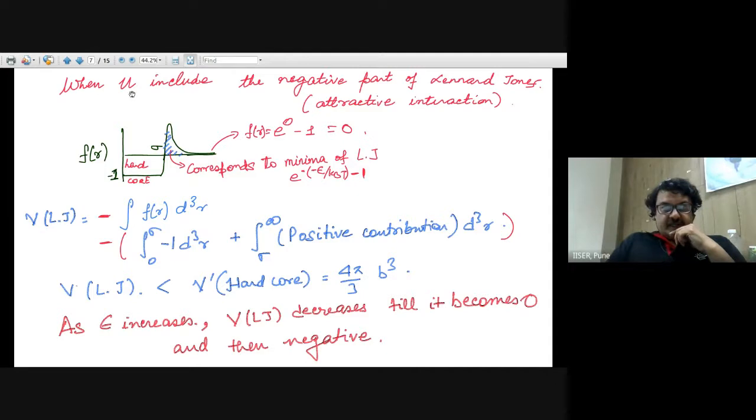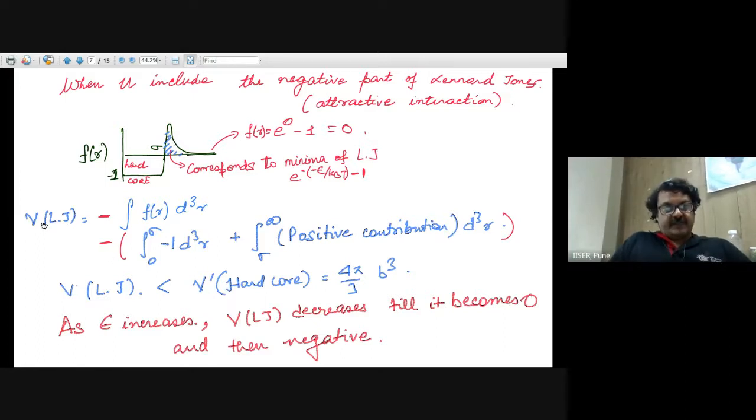When the interaction potential includes the negative part of the Lennard-Jones, the attractive part, I have drawn the same figure as previously. Now this part will also start to contribute, where the Mayer function was positive, because you're including the hardcore part plus the attractive part, which is contributing positively to the Mayer function.